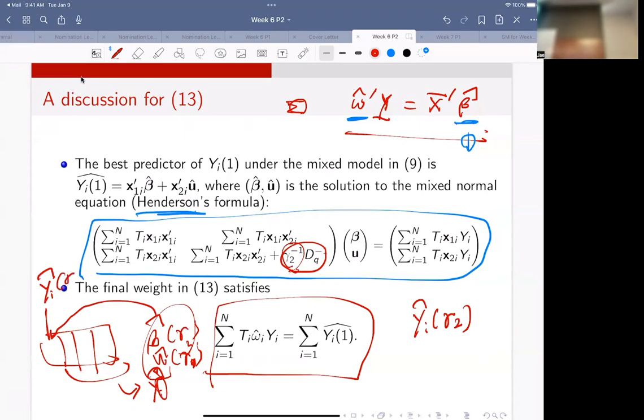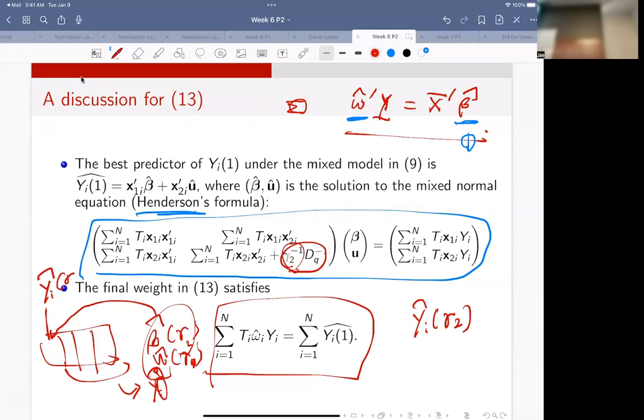So this is the training set. Given the tuning parameter gamma 2, you can solve this mixed effect Henderson's formula to compute beta hat and mu hat, and that will give you a prediction given gamma 2.